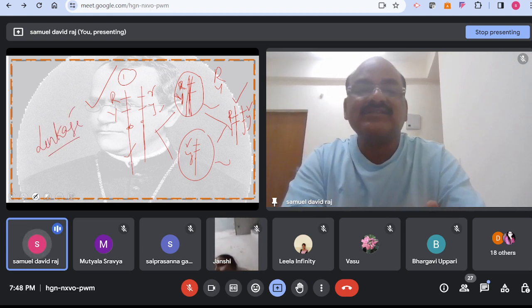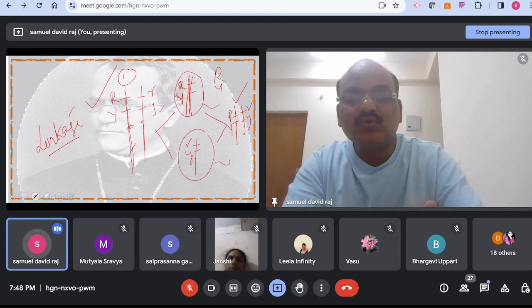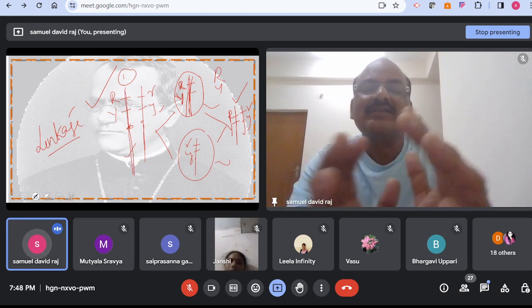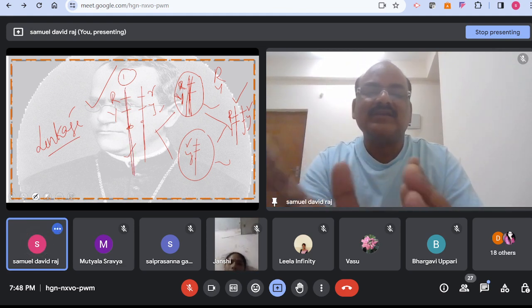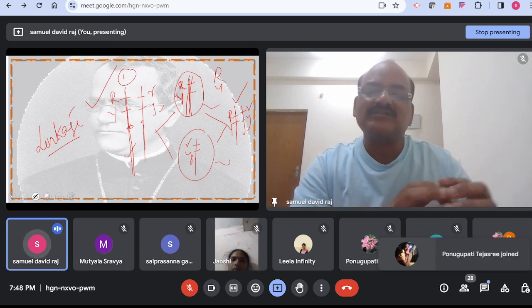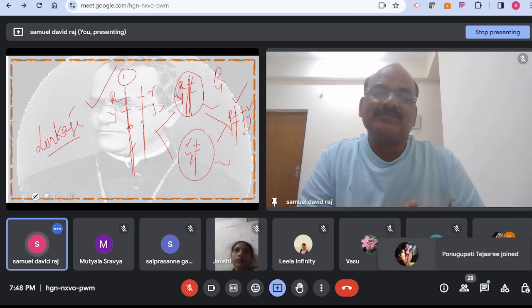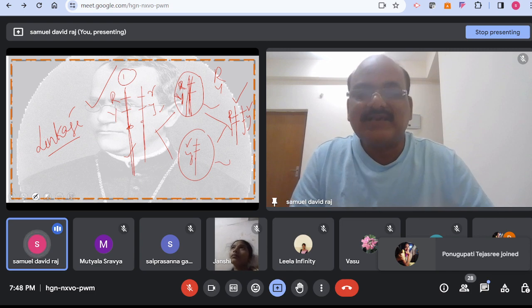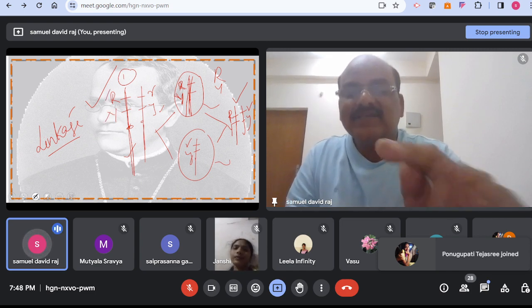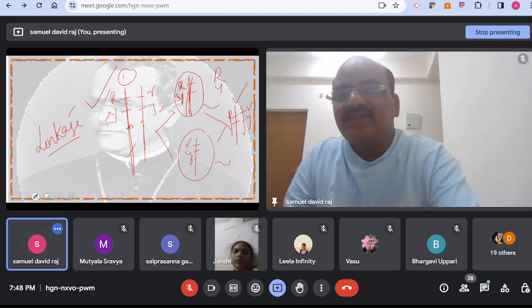What is linkage? The genes present on the same chromosome are inherited together. The inheritance of genes present on the same chromosome together is called linkage, and these genes are called linked genes.